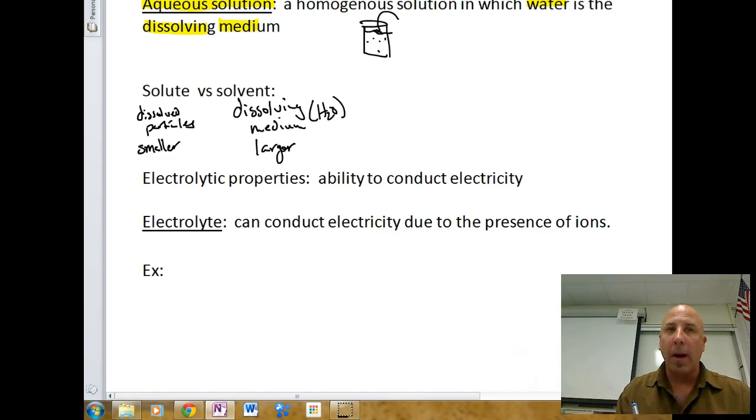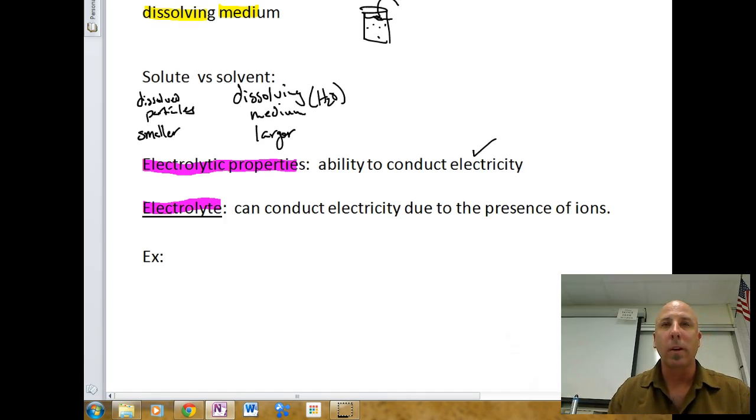I threw out the idea of Gatorade at the beginning, and we've all heard about the electrolytic properties of Gatorade and why Gatorade is actually an electrolyte. An electrolytic property is the ability to conduct electricity, and Gatorade actually does have a little bit of the ability to conduct electricity. The reason Gatorade can conduct electricity, and why they market it as an electrolyte, is the presence of ions.